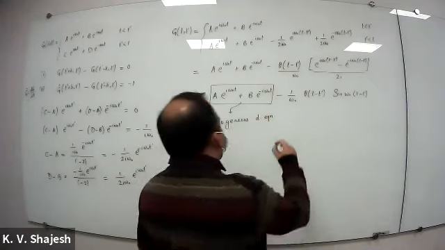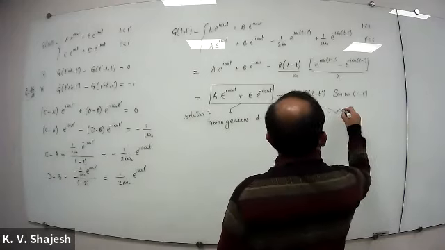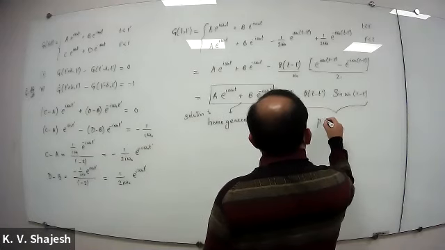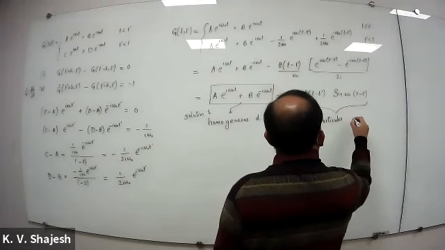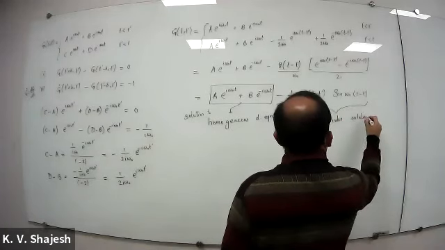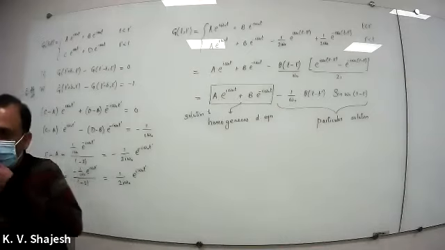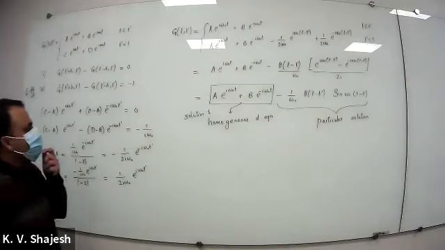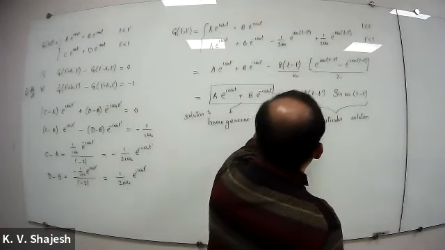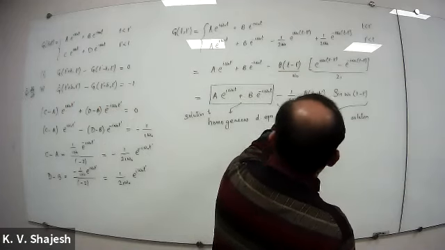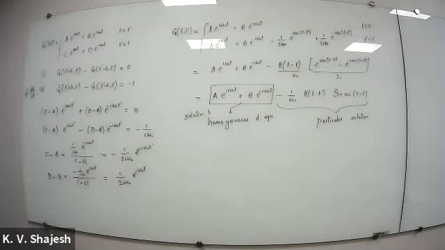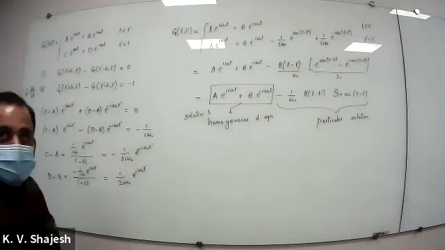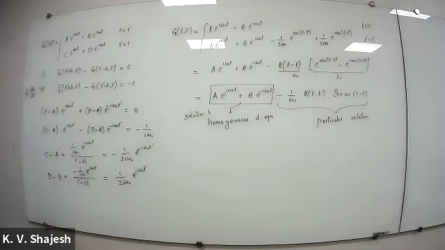And this is actually a particular solution. Now, it may not be very obvious, is this really a particular solution? How do you verify that? Put it back into the differential equation and actually verify that this is a solution. So let's do that.